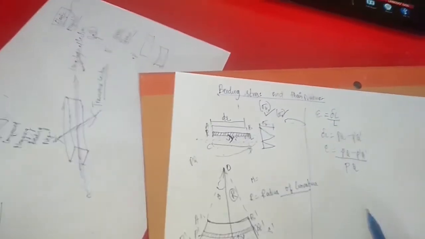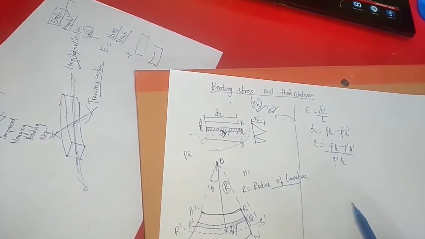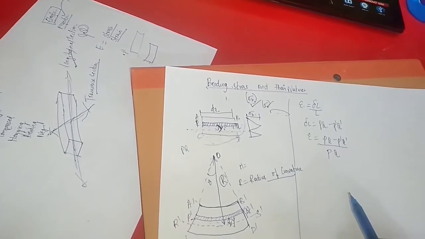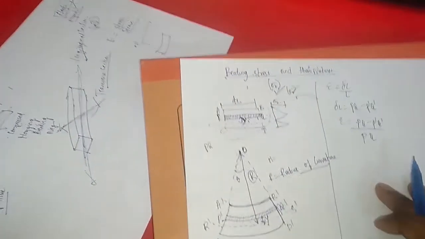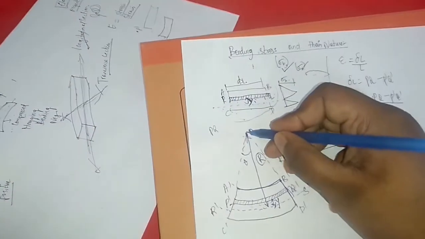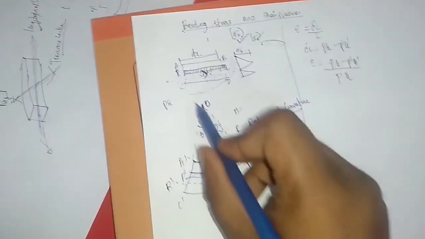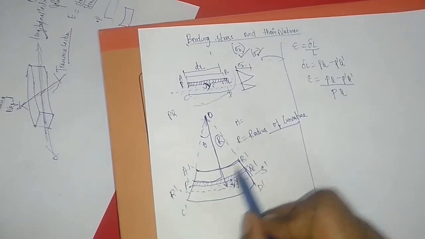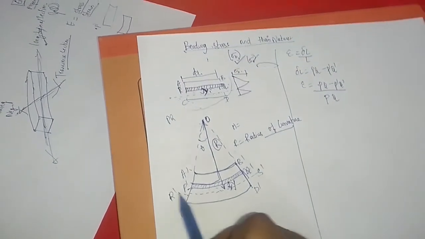Next, from the geometry of the curved beam, we find the two sections O P' Q' and O R' S' are similar. As you can see here, from point O to PQ and from point O to R' S' is similar, right?